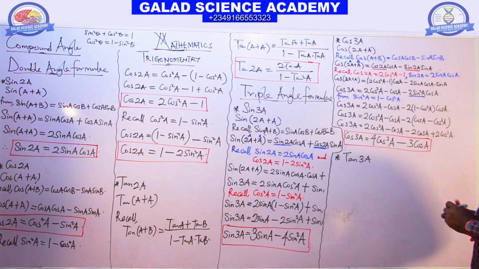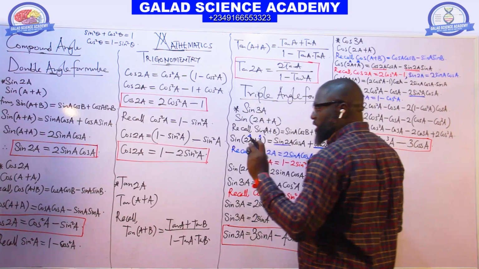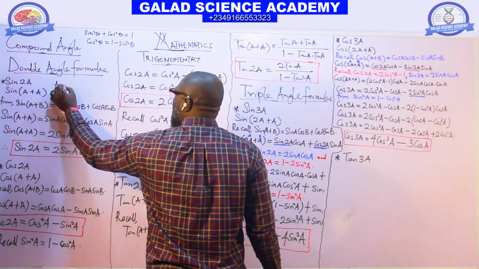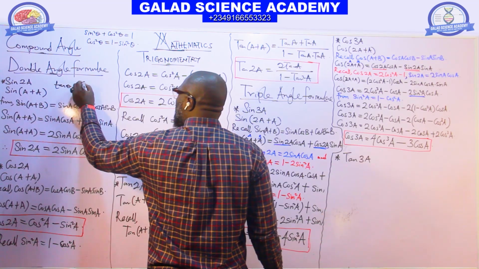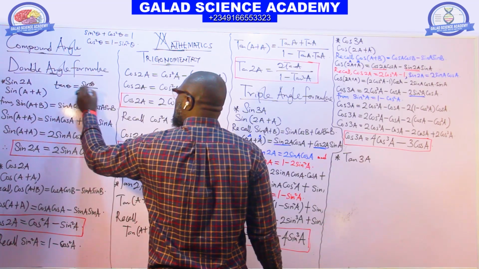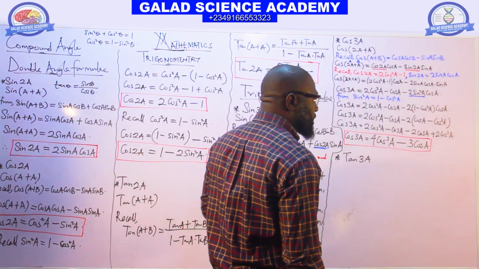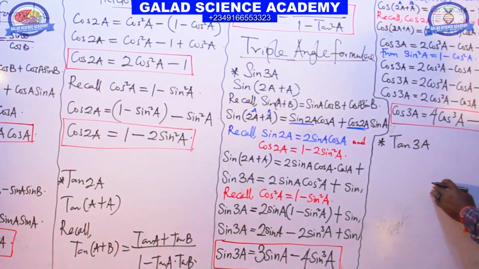As we all know, we have done it before that tan theta is always sin theta over cos theta. So let us apply it here.